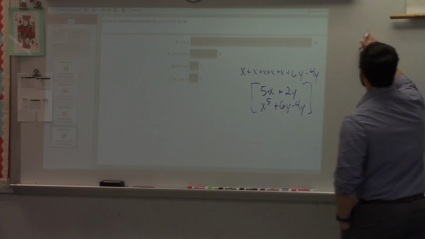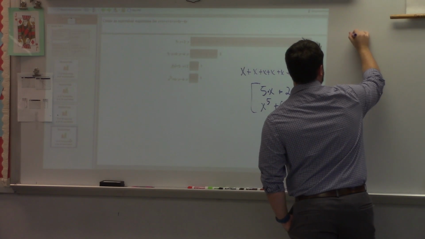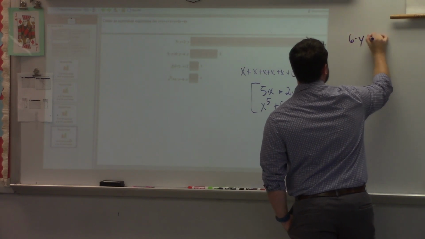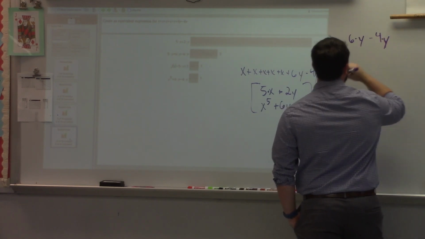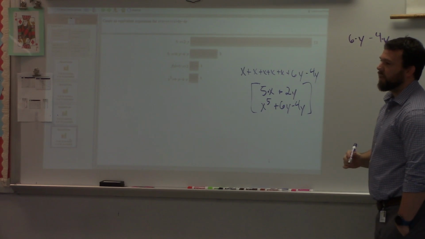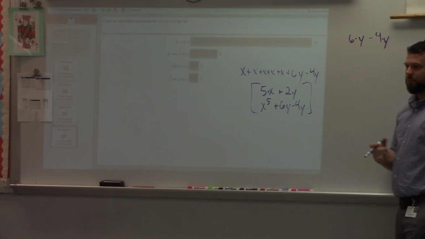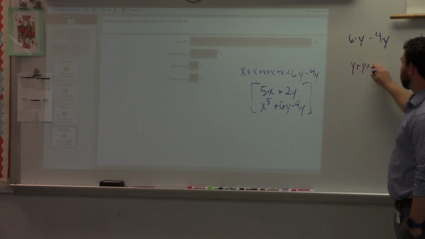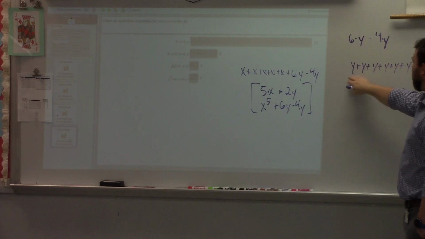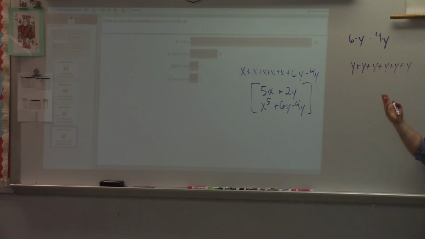Alright guys, I talked about this once. I know it's been only once, but we need to pay attention to this detail because this is going to impact our understanding and ability to work with exponents as well. What is multiplication actually? Repeated addition. So when I say 6y, what am I really saying? I have 6y's being added together. What am I doing to those 6y's?